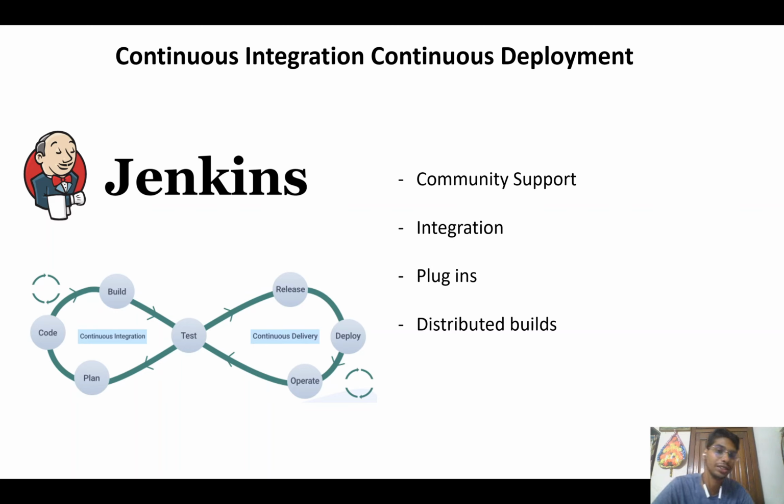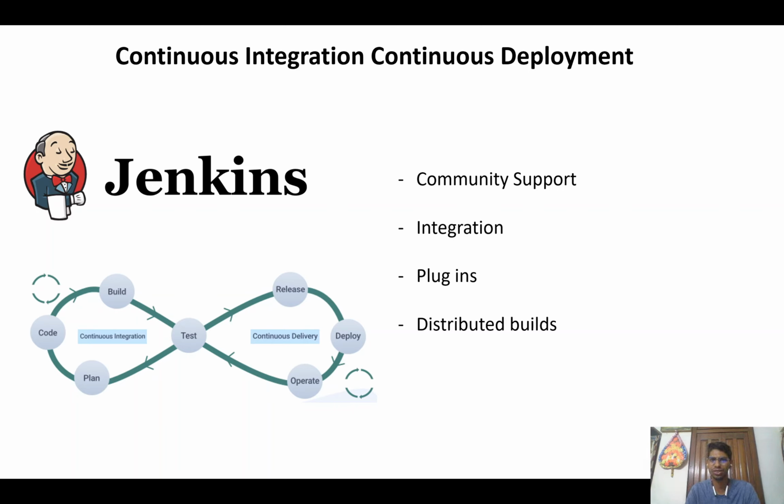Now, Jenkins is a CI/CD tool by which we can perform all those things, like integrating the code and deploying the code. Jenkins is a CI/CD tool with all the tools integrated, which I have discussed earlier in this section.